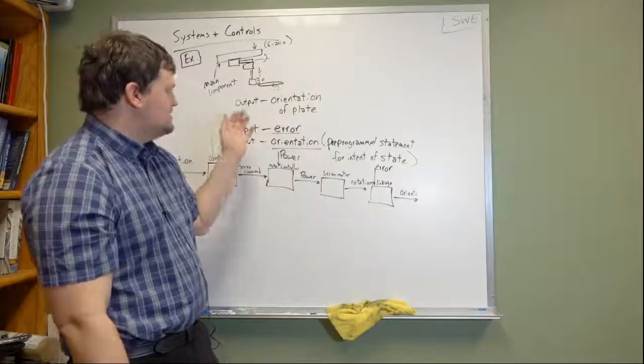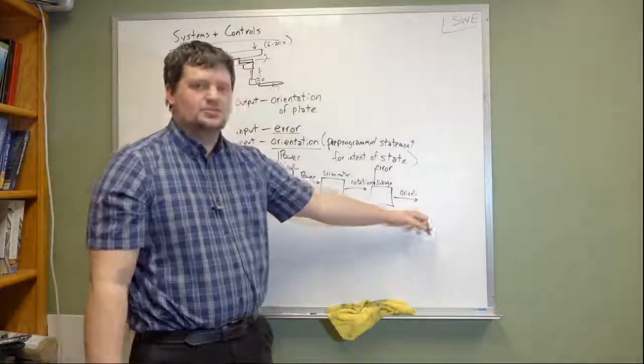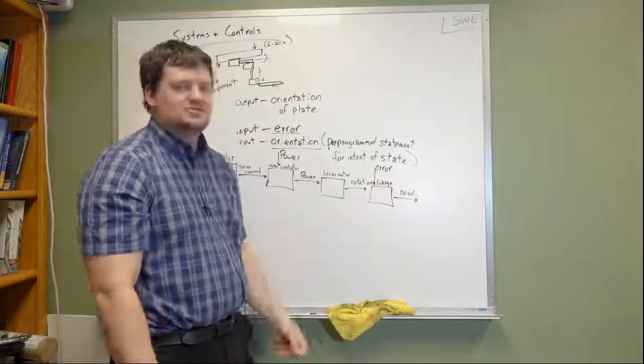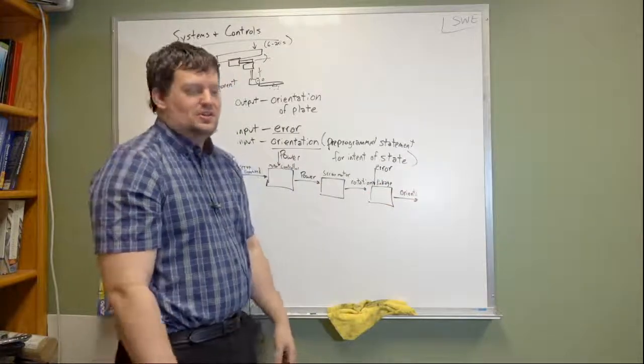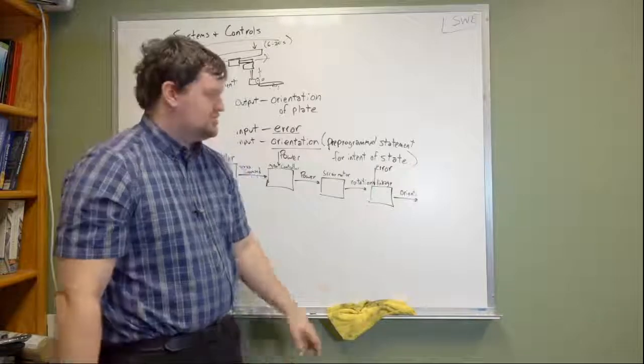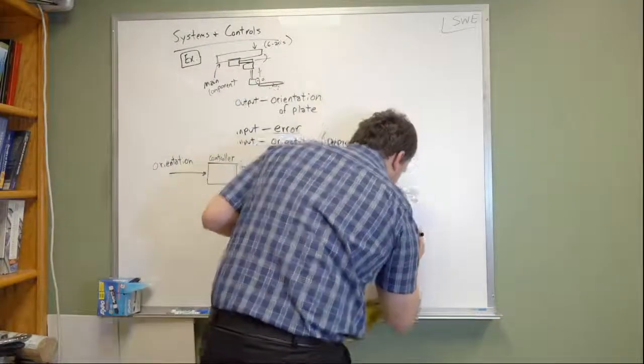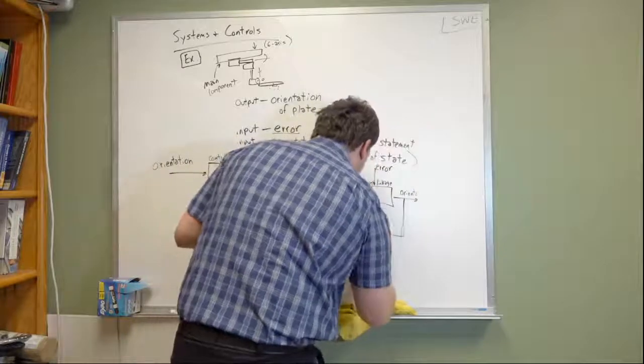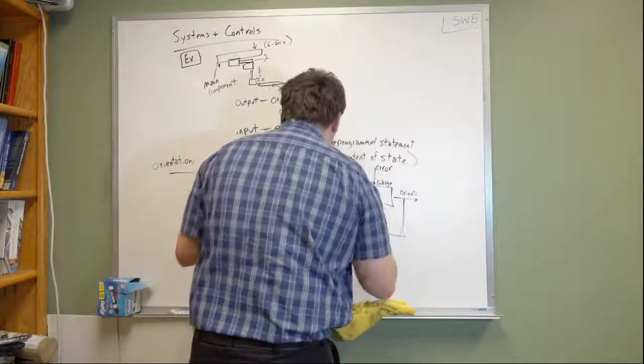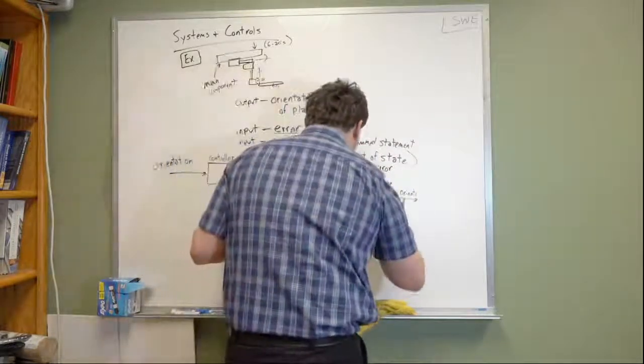And that's why we have to go all the way to orientation rather than just stopping at rotation, because it's not measuring just the rotation, it's actually measuring the orientation. And this output, the orientation, then goes into the rate gyro.